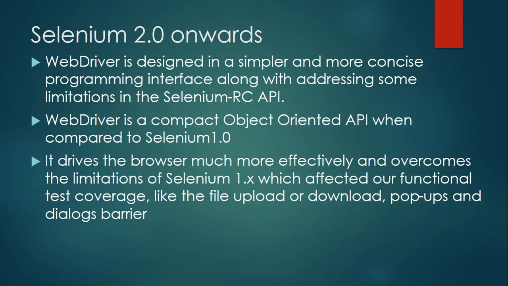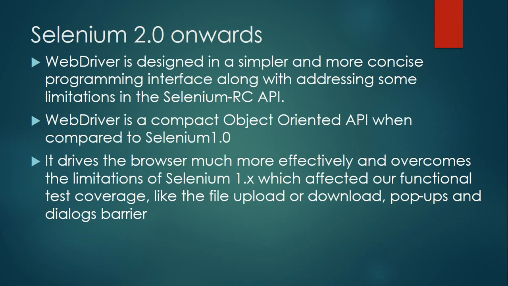As I said, there were some limitations with Selenium RC. It has to be used with a Selenium remote server. So in Selenium WebDriver, we don't have to use any server. It directly interacts with the browser. So whenever we write a code in Java using a WebDriver API, it will directly go to your browser. It does not require any middleman. So thereby it improves your efficiency of executing the automation testing as well.